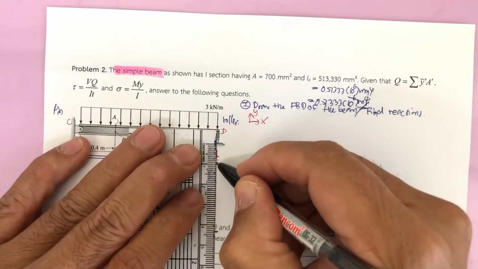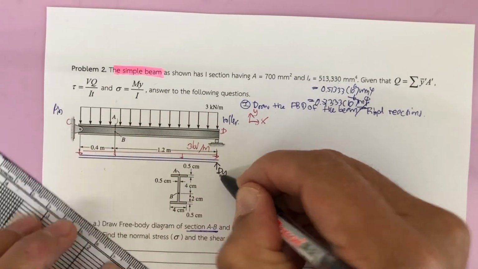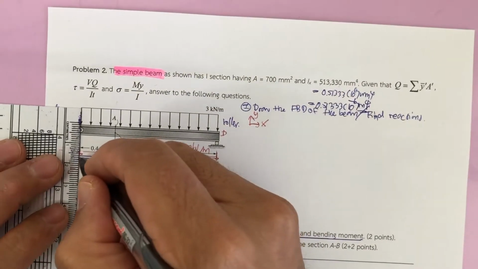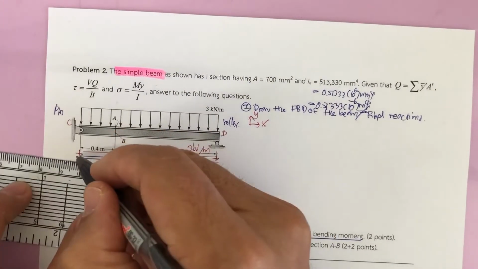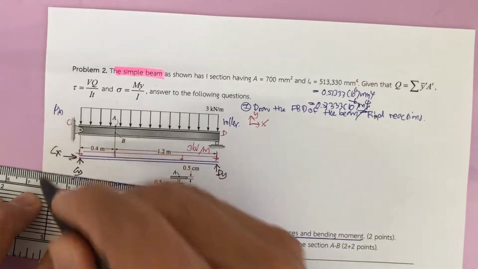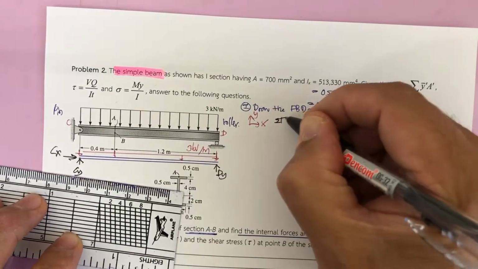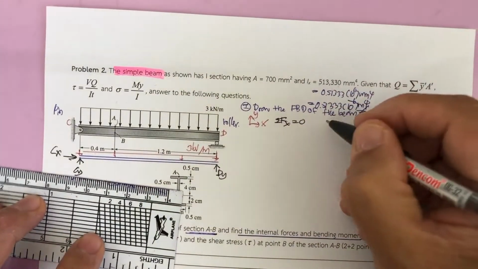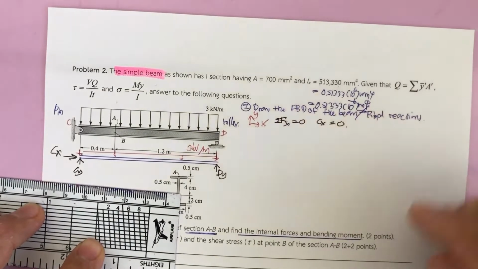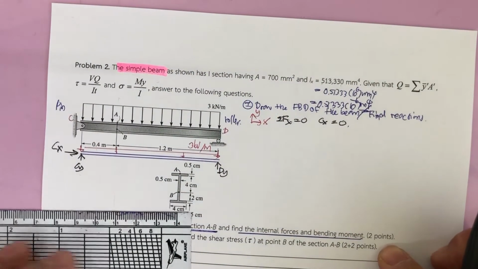You will get D sub Y, C sub Y, and C sub X. From the equation of summation of F sub X equal to 0, C sub X for sure is 0 kilonewton.